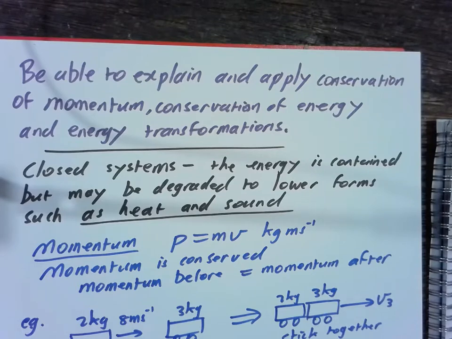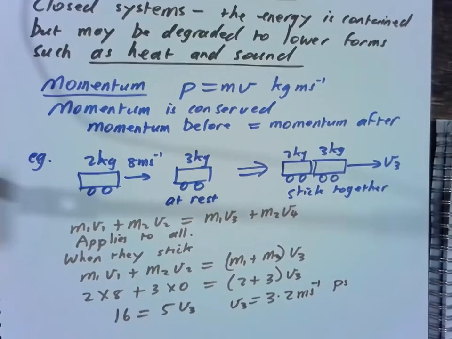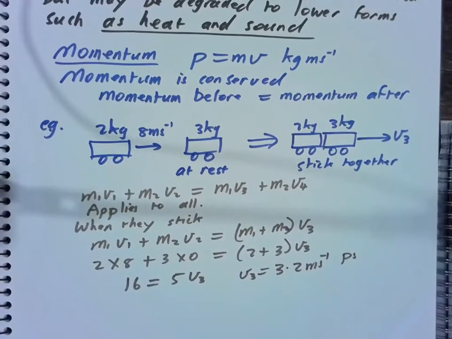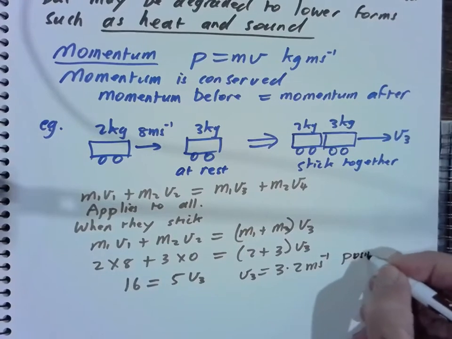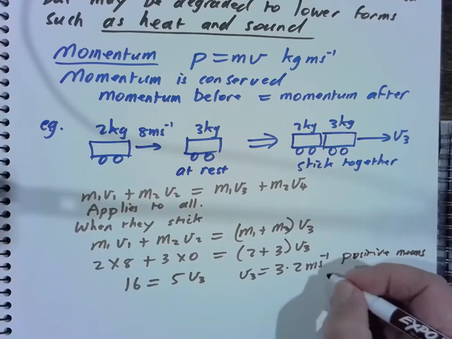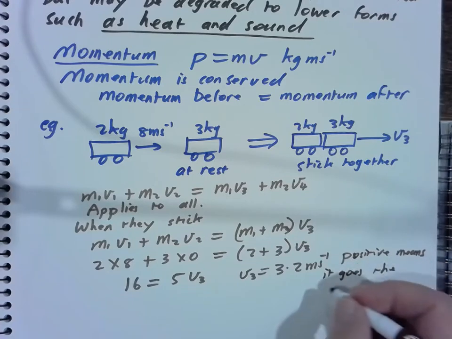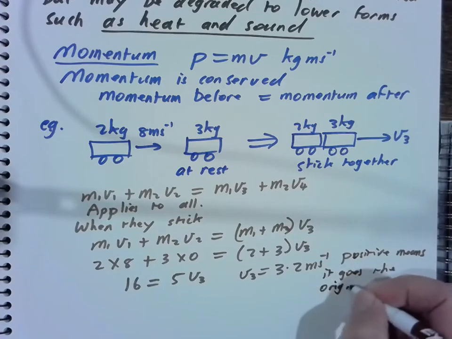And because the answer is positive, it means it goes to the right. Sorry, forgot to move the camera. Well, I shouldn't say it means it goes to the right, it means it goes the original direction, because we define that as positive.